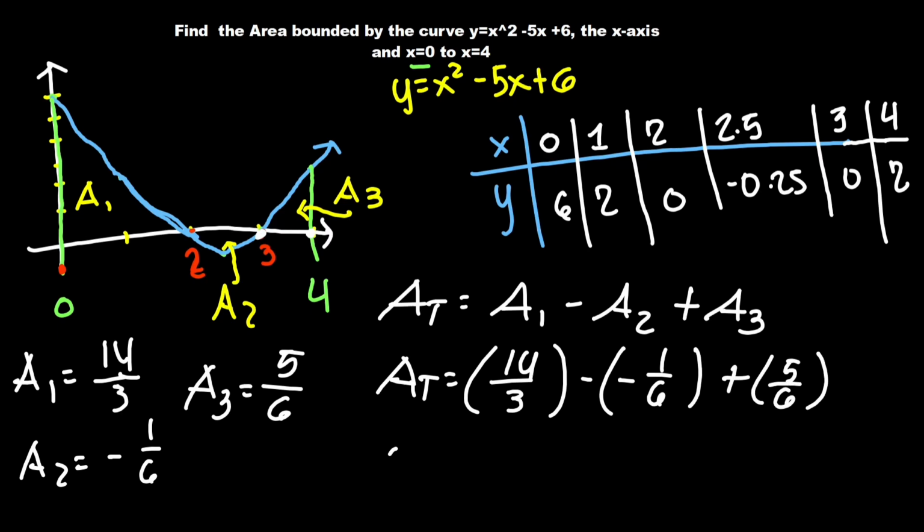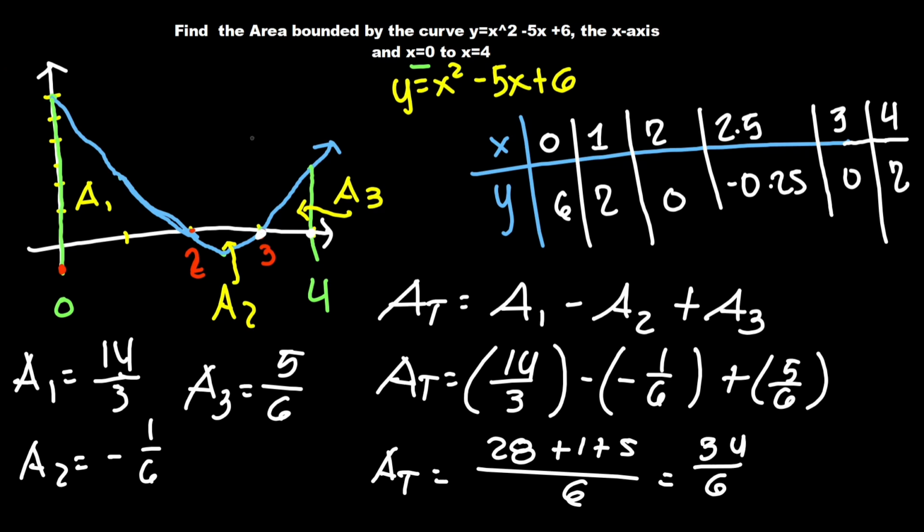And so this would be equal to 28 plus 1 plus 5 all over 6, which would equal 34 over 6. And so the total area would be equal to 17 over 3 square units.